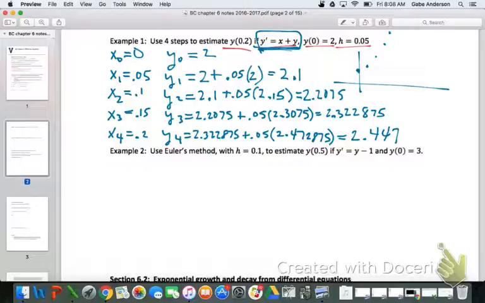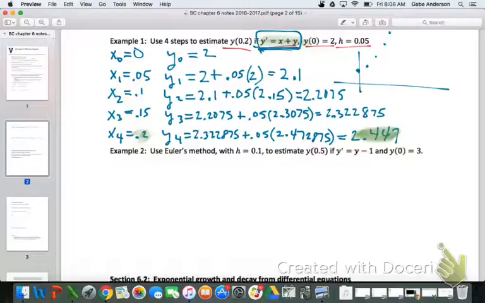So, yeah, question? So what exactly is our answer? Good question. So our answer is simply a point. It's x comma y. So here's your x and here's your y. All it really is, we're saying that the point 0.2 comma 2.447 is our best approximation for y of 0.2. Okay, so we were never given the equation for y, right? We were given y prime.